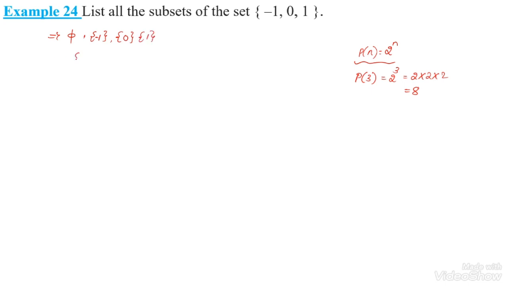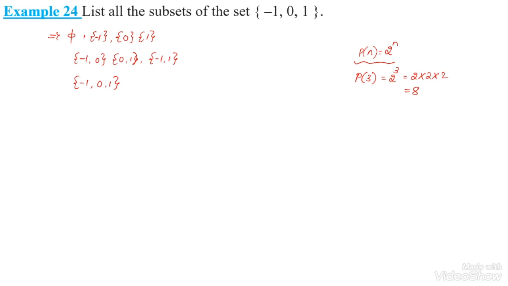After that, take two elements: {-1, 0}, {0, 1}, and {-1, 1}. Finally, the whole set can be written here: {-1, 0, 1}. Now let me check: 1, 2, 3, 4, 5, 6, 7, 8. There are 8 subsets for the set here.